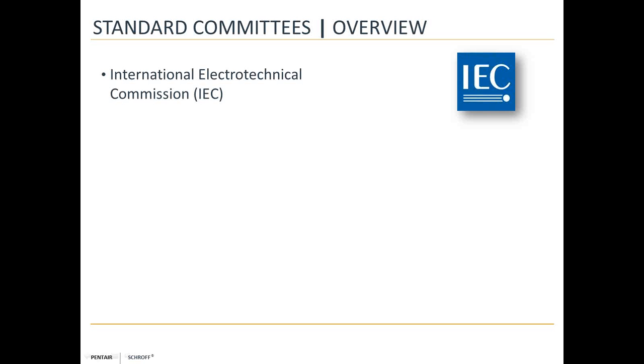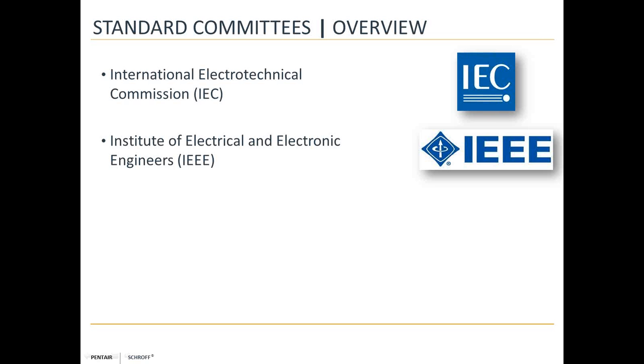Some of these standards include The International Electrotechnical Commission, or IEC, which defines and maintains the European standards for electronic equipment and mechanical structures. The Institute of Electrical and Electronics Engineers, or the IEEE, is an American institute that defines and maintains the standardization of techniques, hardware, and software.